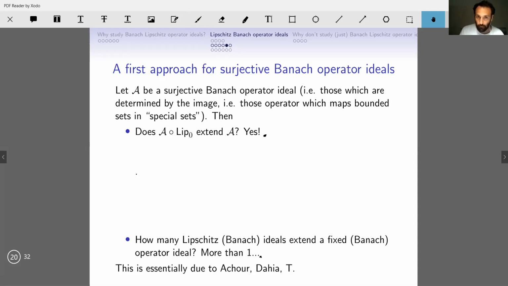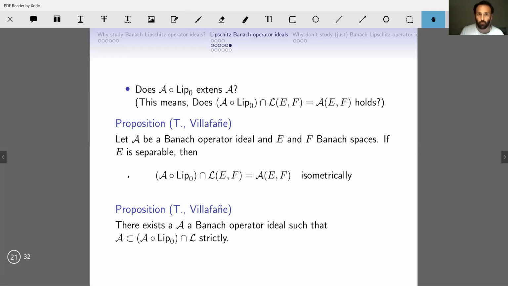Okay, so we have a good first approach, but more in general, if we ask if A composed with Lip0 extends A, in fact, we are asking this. If we take this Lipschitz ideal, A composed with Lip0, and take all the linear operators which belong here, that gives us exactly A, the same ideal.